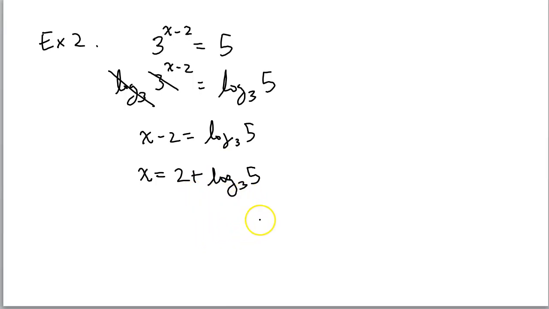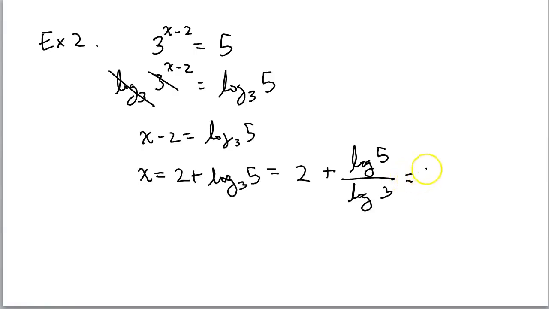If you use your calculator, you can actually figure out what this is as an approximate value. To do that, first you have to use the base change formula to rewrite this as log of 5 divided by log of 3. Let's see what my calculator says.